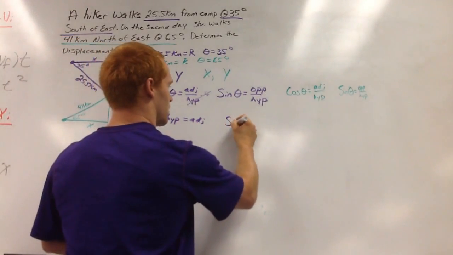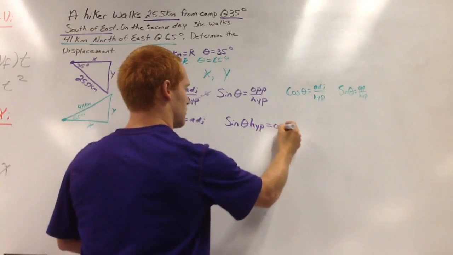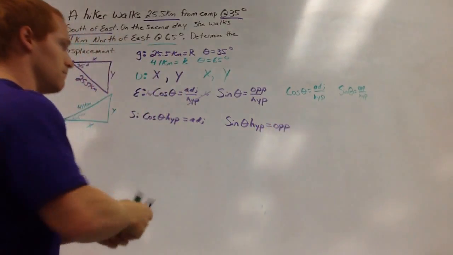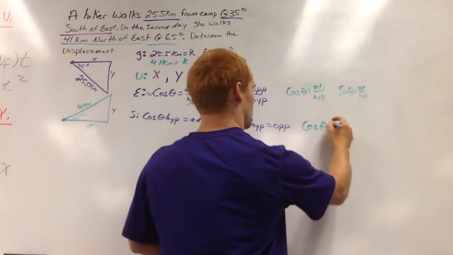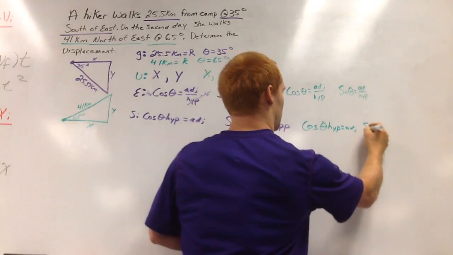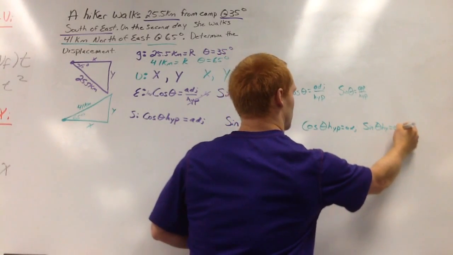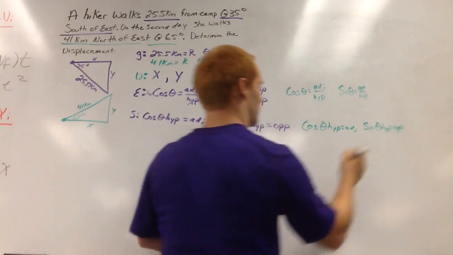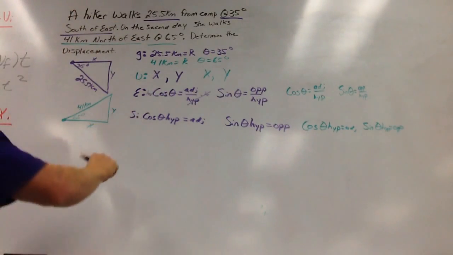Same thing over here, sine theta times hypotenuse equals opposite. Cosine theta times hypotenuse is adjacent. Sine theta times hypotenuse is our opposite. Now we're going to just plug it in because we know all these values.